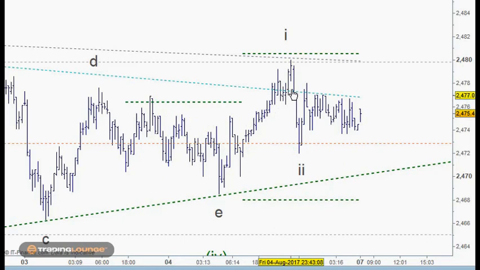Let's just think about this for a second. If this is an impulse wave to the downside, then this can be an A wave and a B wave and a C wave back up to here and then down again. So I'd be a little bit careful, because from this low we could have one spike up here and then down again, the same as this spike here, an A and a B and a C wave and then down.